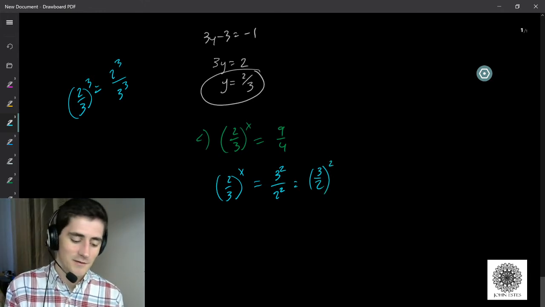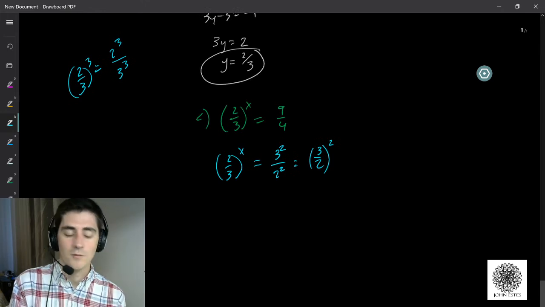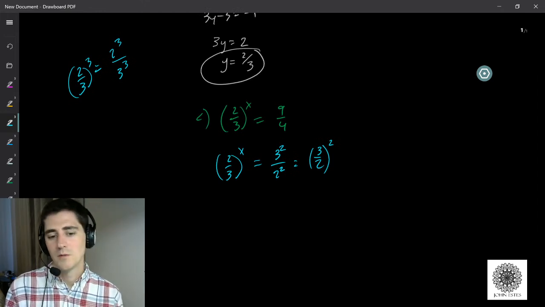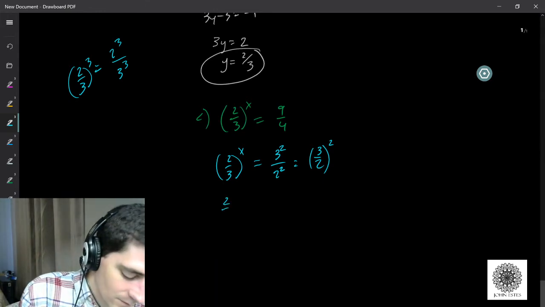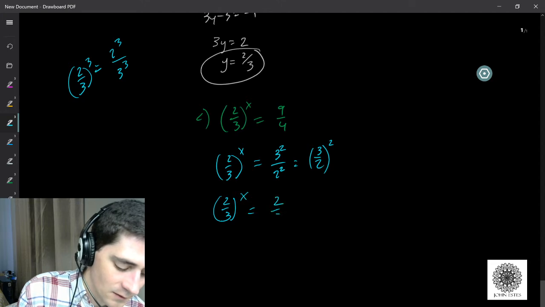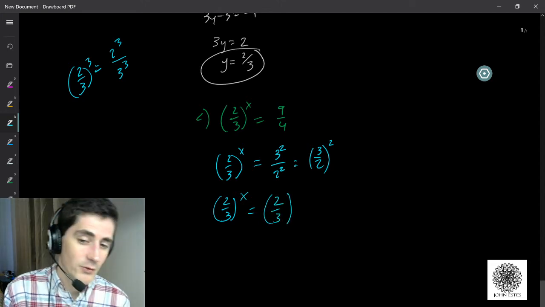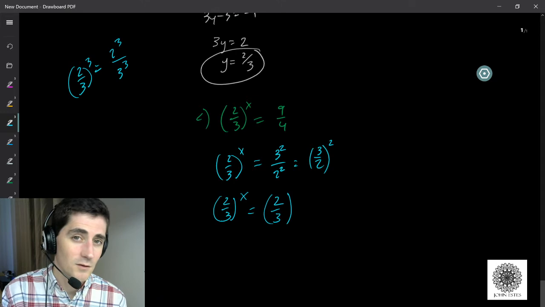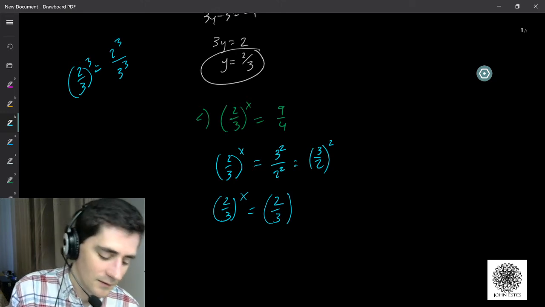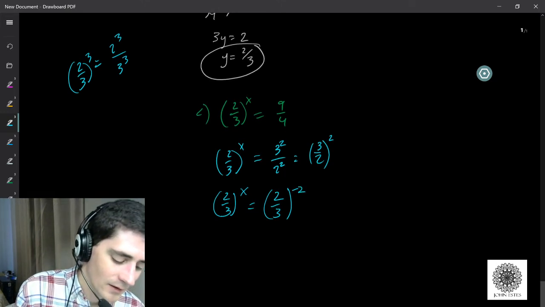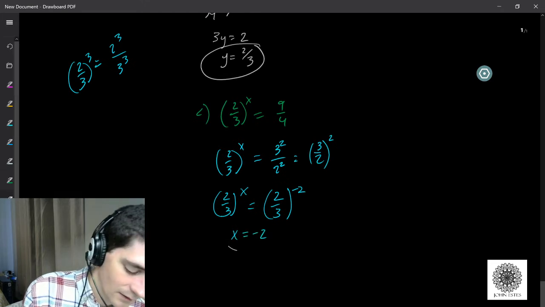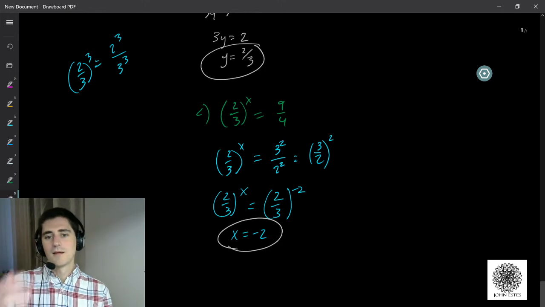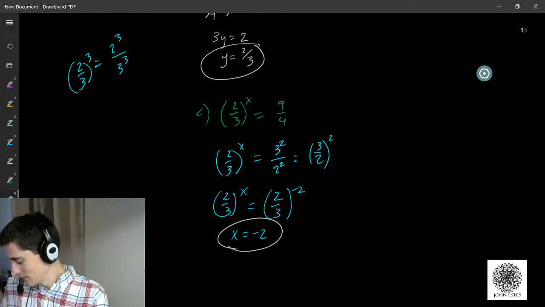I need 2/3. So maybe we went down the wrong path, or maybe we need to remember, again, reciprocals. I can say 2/3 to the x power then is the same thing as 2/3, right? I took the reciprocal of 3/2, and so what do you do? You make the exponent negative, to the negative 2 power, and therefore I get x equals negative 2, and there's my answer. Make sense? I hope it does.